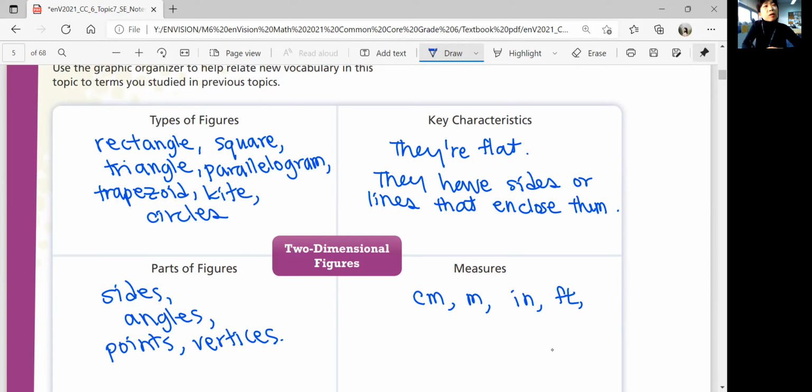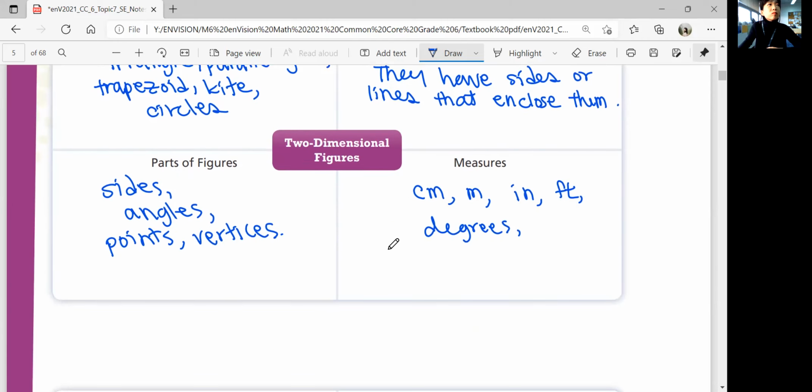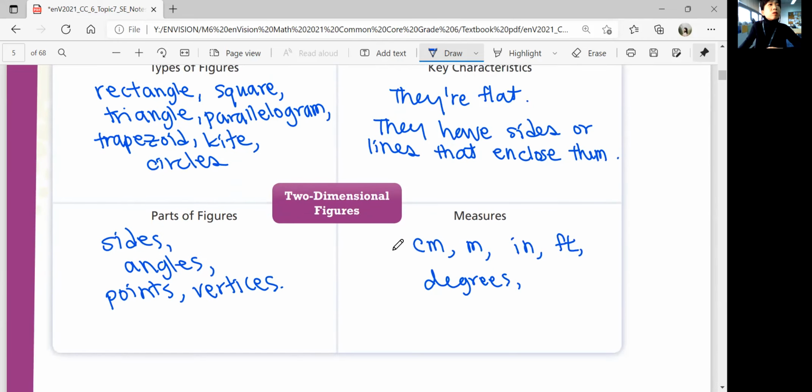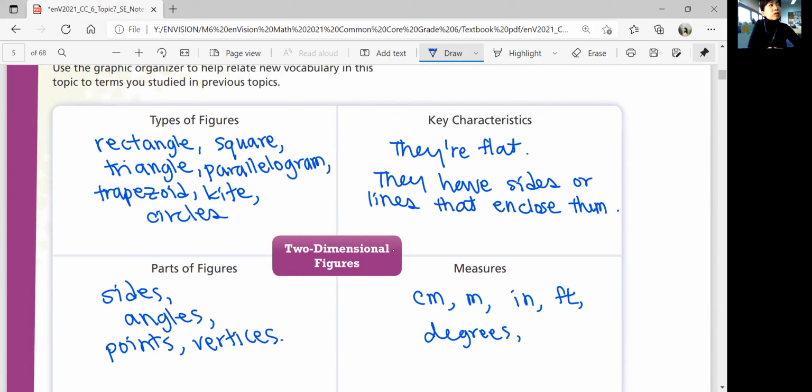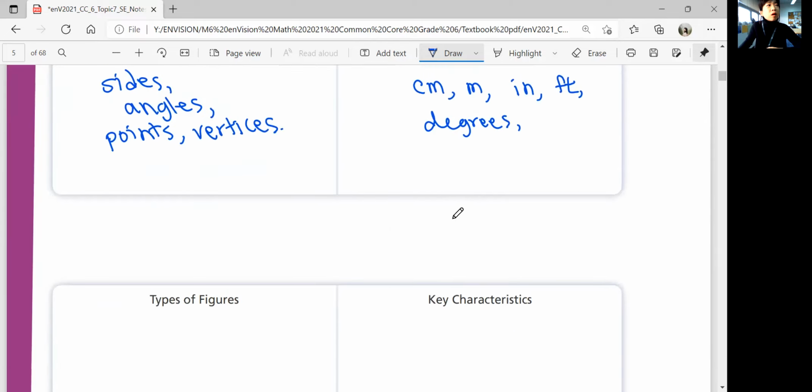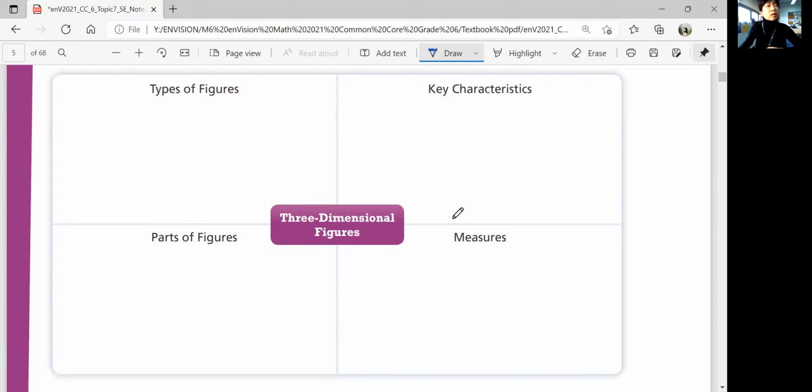Then for angles, we got degrees. Okay. So if you want to draw some figures, you can draw rectangle, square, triangle, parallelogram, trapezoid, kite, circles, there.